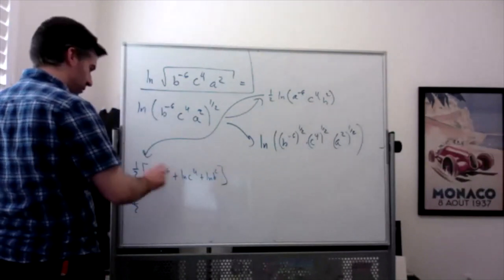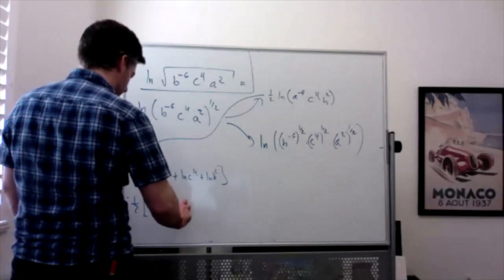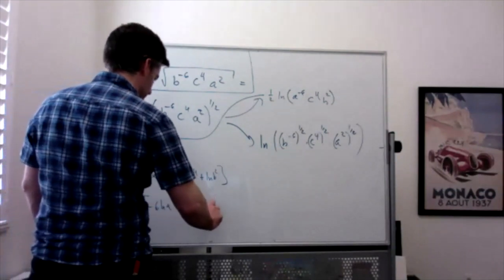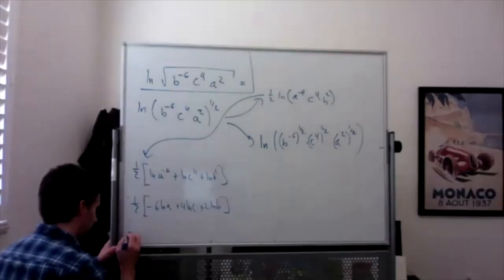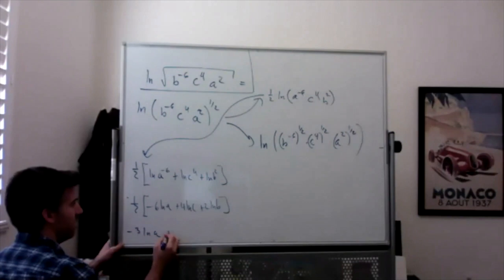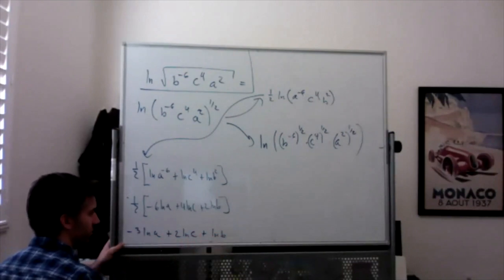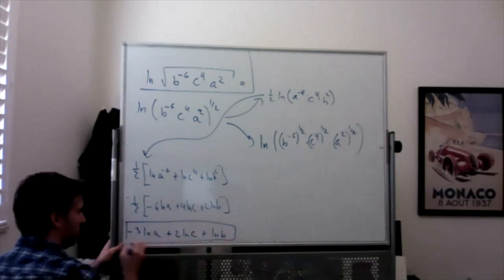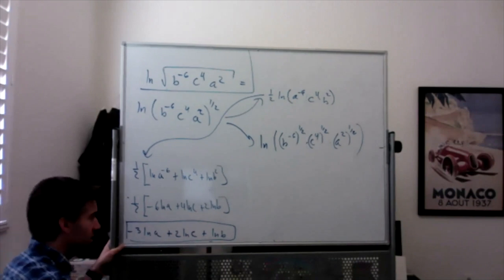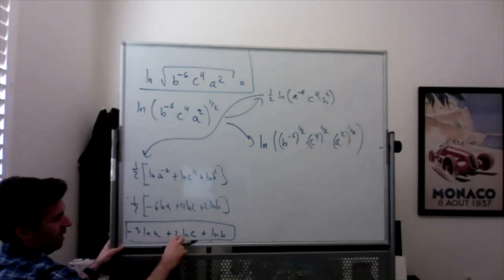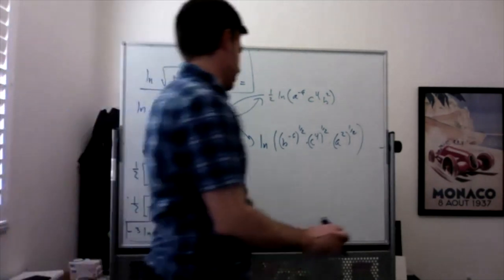And then I can bring those powers down. So I get negative 6 natural log of a plus 4 natural log of c plus 2 natural log of b. And then if you wanted to, you can distribute the 1/2 and get negative 3 natural log of a plus 2 natural log of c plus 1 natural log of b. And then you could plug in natural log of a is 2, natural log of c is 5, natural log of b is 3. So you're getting negative 6 plus 10 plus 3, which is 7.